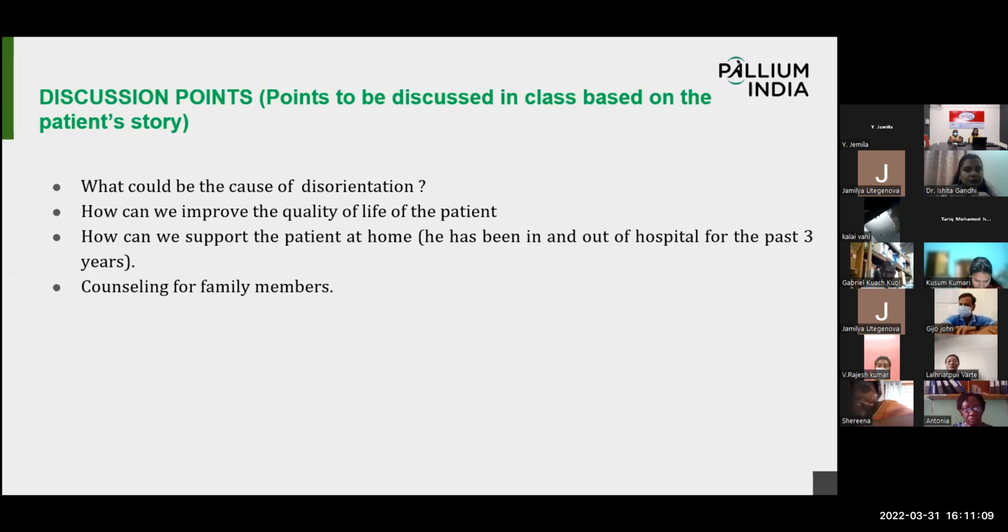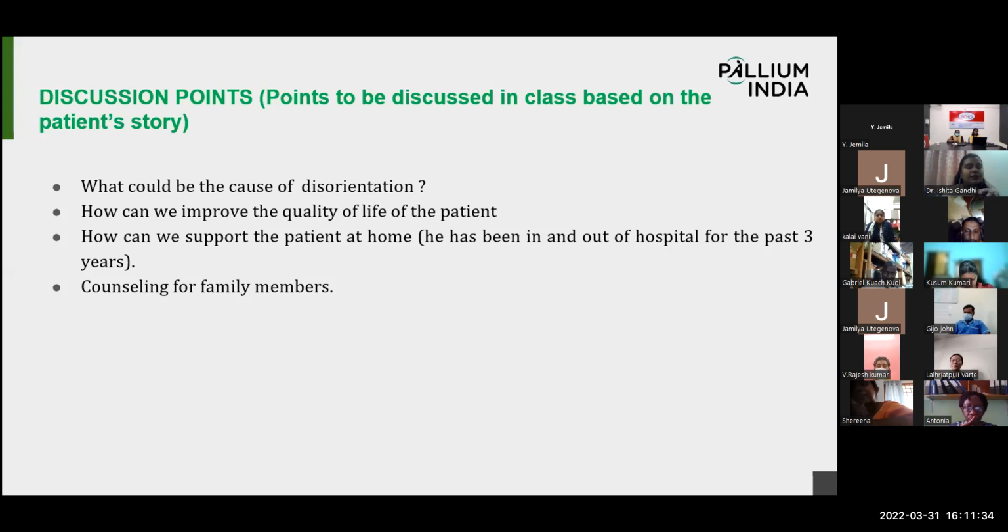Or small things like bathing. If the patient is not able to walk, you assist the patient for walking. Don't give the patient an easier way, like, we'll sponge you on the bed itself. No, if the patient wants to bathe, you encourage that person. It's okay, come with me.